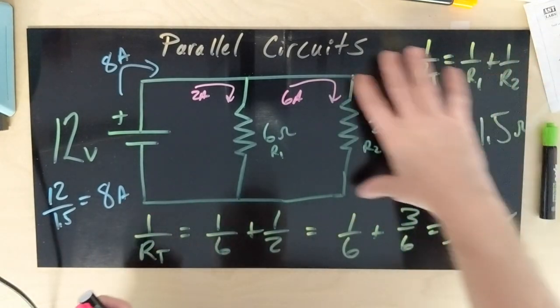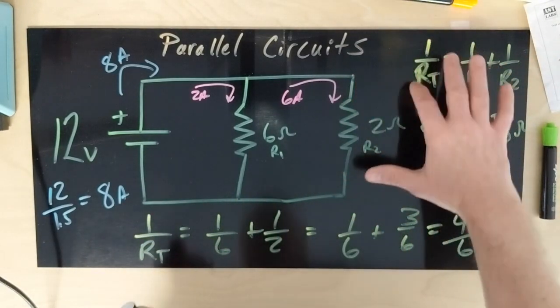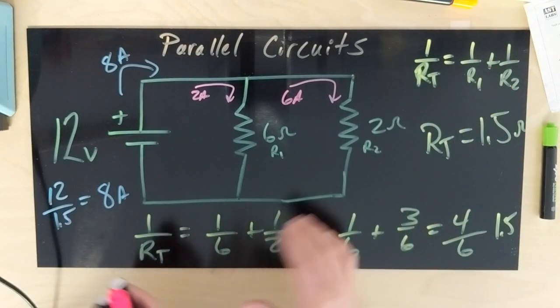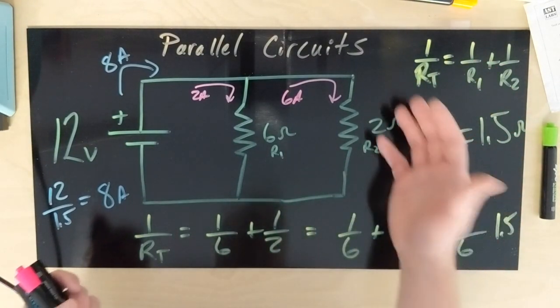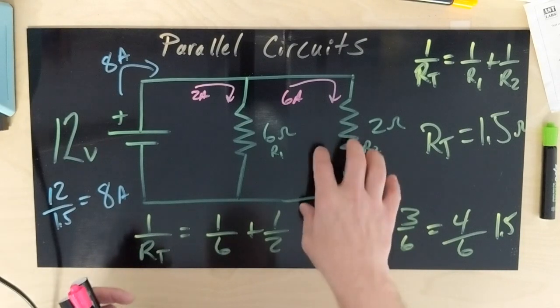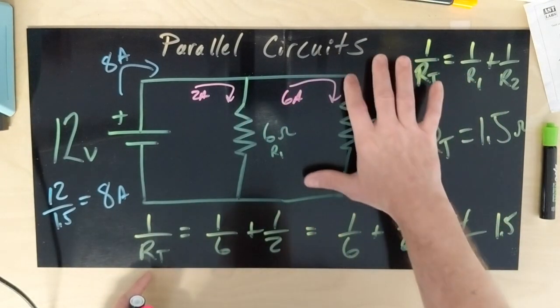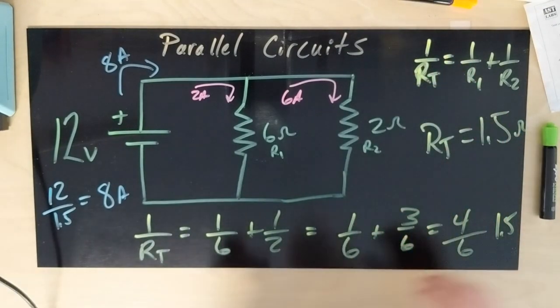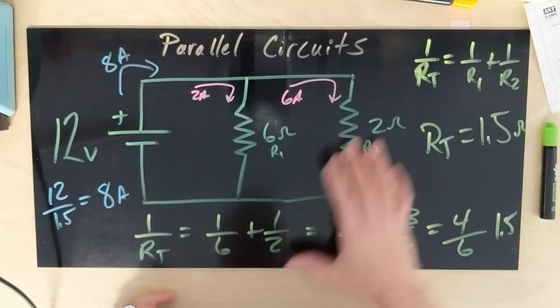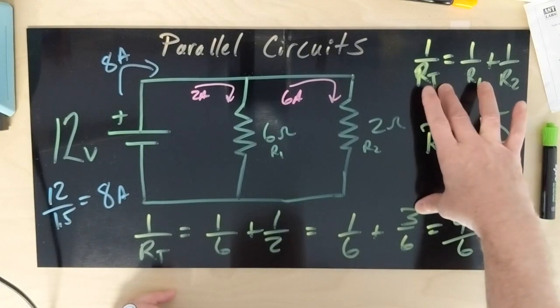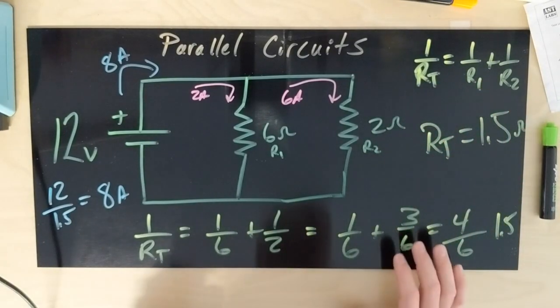You could just add as many as you want, right? I could come in and draw a 1 megohm resistor. And you think a megohm can't bring the total resistance down. But yeah, a little bit it will, because it's yet another path. Even though it's going to be a little bit of current, it will be into the microamp. Any resistance added in parallel will reduce your total resistance.